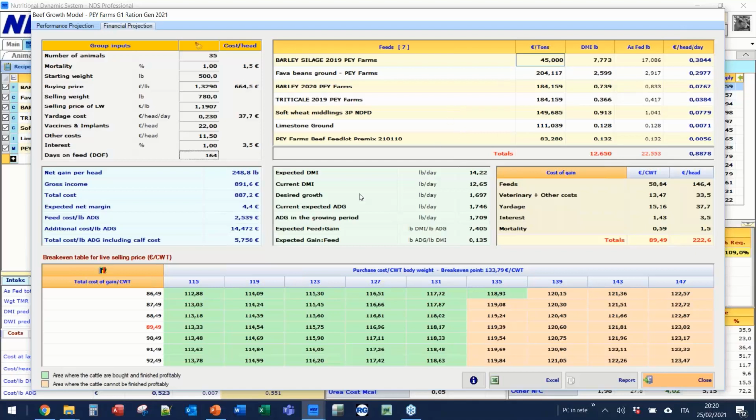Here in the light green section, we have a summary of the outcomes with some efficiency parameters, expected feed gain or expected gain per feed, according to different perspectives. We want to evaluate the efficiency. Some cost for the whole group based on feed, veterinary and others, yardage, interest, and mortality.